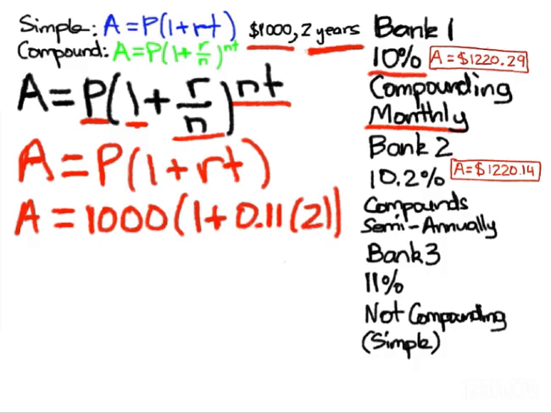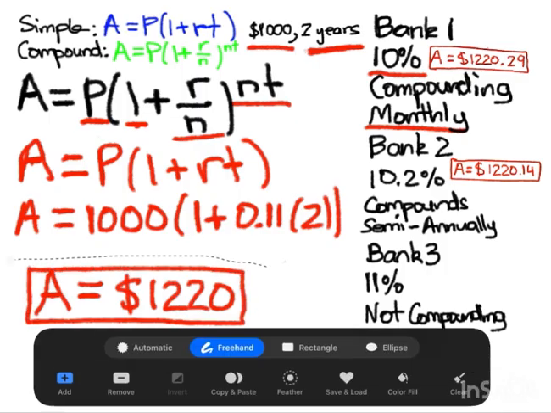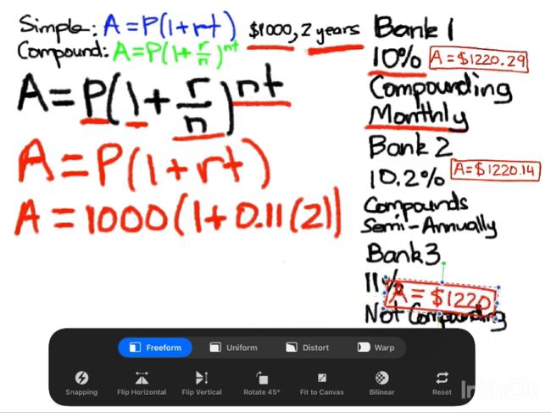That's meant to be a closed bracket. And then you will see that once you calculate it, you'll be getting your final value after 2 years as $1,220 on the dot.